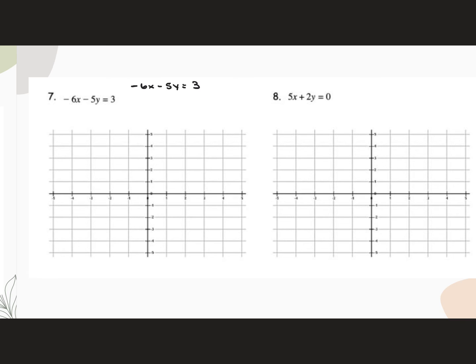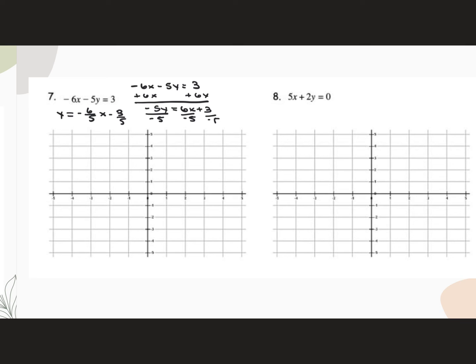I'm going to add 6x to both sides. Negative 5y is equal to 6x plus 3. Divide both sides by negative 5. And I get that y is equal to negative 6 over 5x minus 3 over 5.